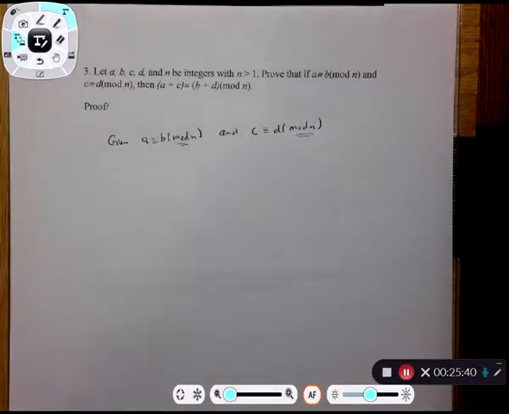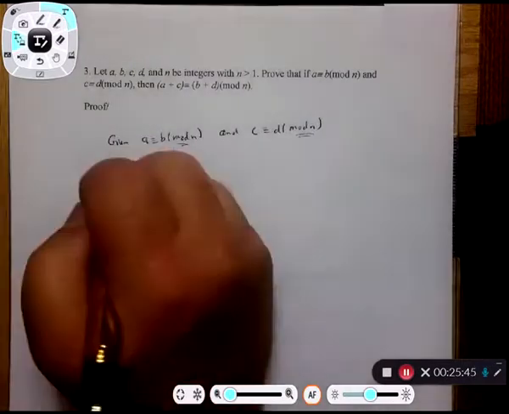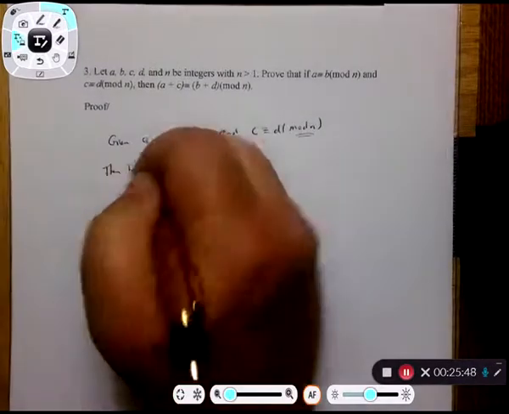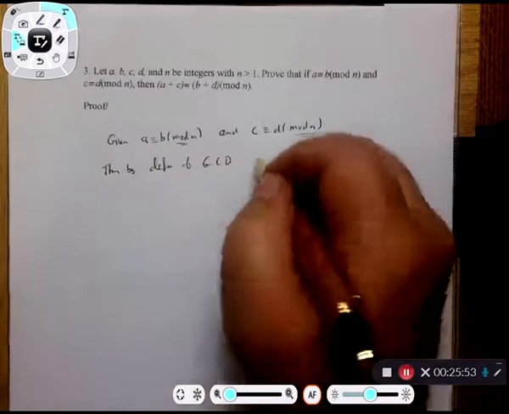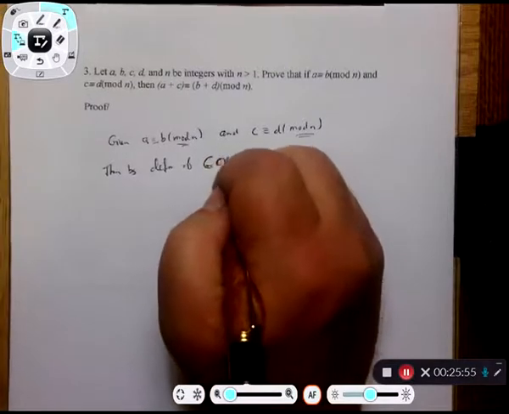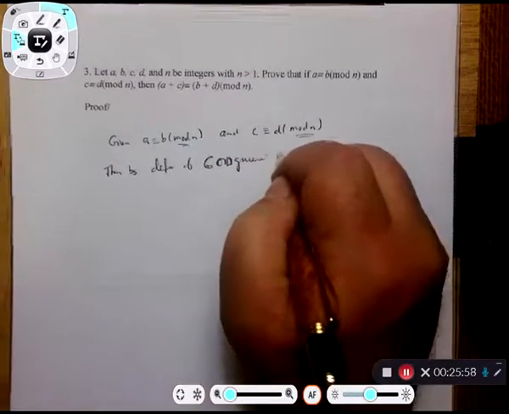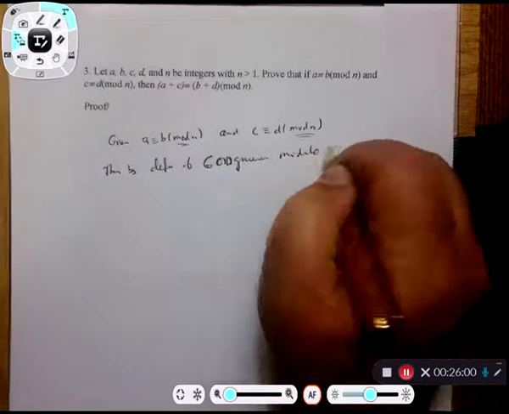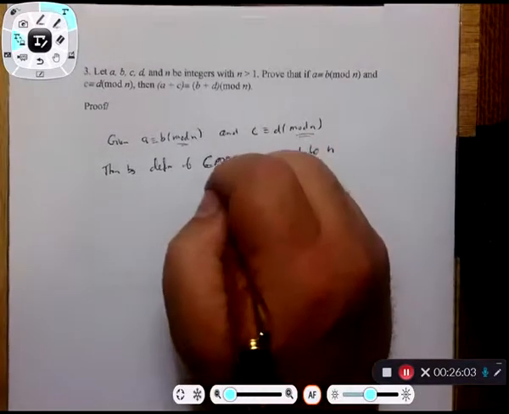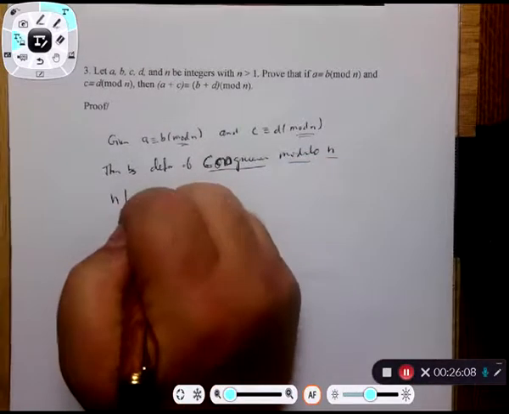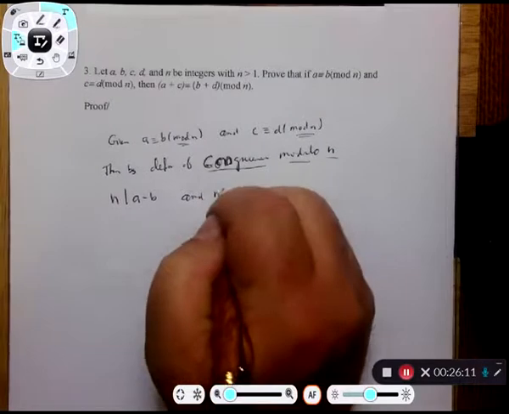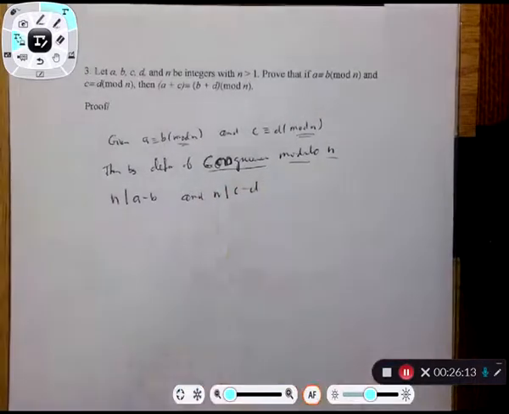So given that A is congruent to B mod N and C is congruent to D mod N, then by definition of congruence modulo N, N divides A minus B, and N divides C minus D. Remember, you're not allowed to use a symbol on this one, but this is my scrap sheet of paper here.